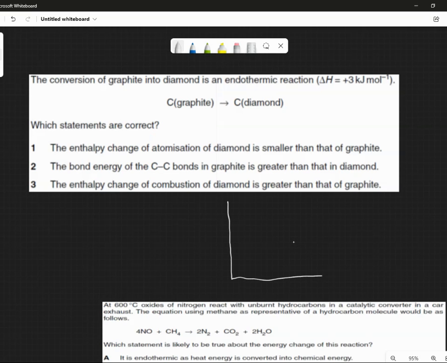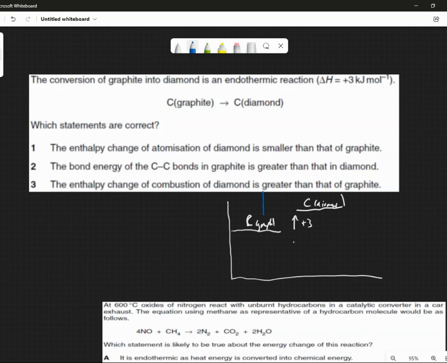So if I convert graphite to diamond, there's graphite, carbon, and there's diamond. Oh, that's ugly, isn't it? Basically, the difference there is 3. The first statement says the enthalpy change of atomization of diamond is smaller than that of graphite.